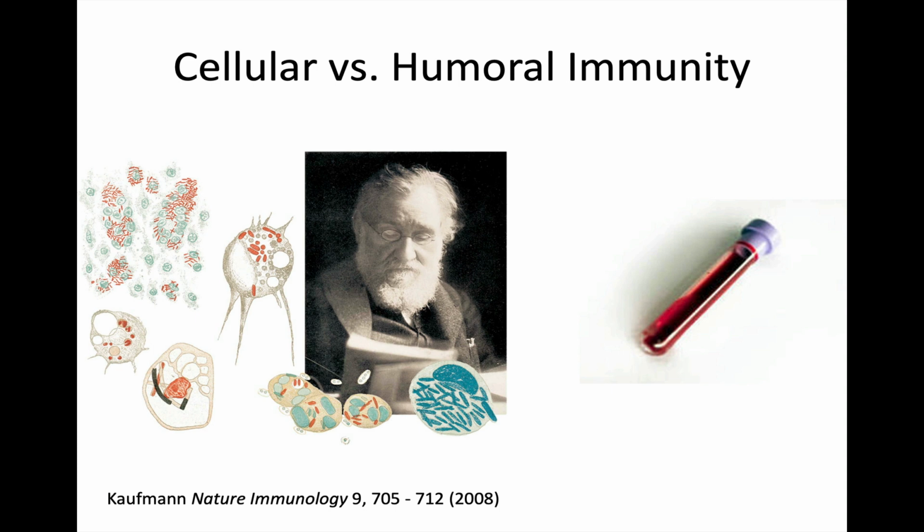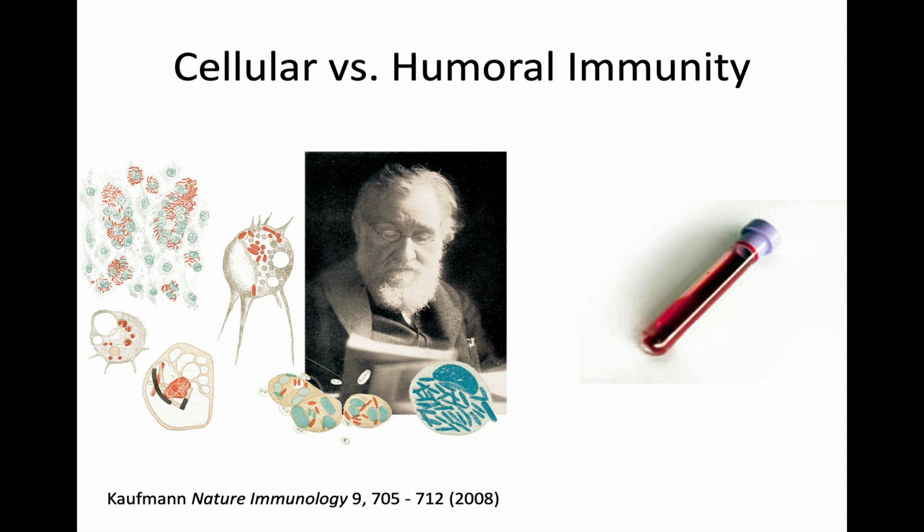We now know it's not a magic liquid. It's actually proteins that are in that liquid. So whenever an immunologist talks about humoral immunity, they mean a protein that was secreted from a cell. So we're asking: are there proteins, secreted from the cell and away from it, doing their own thing? Or is it the actual cell?